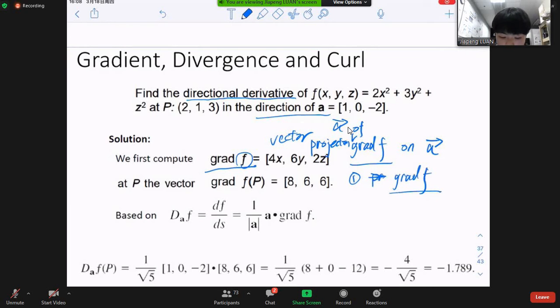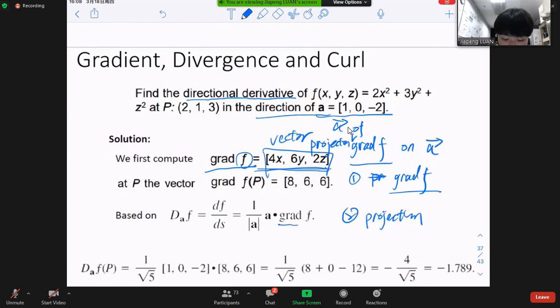Okay. So the first thing is to calculate the gradient, and you know the equation. You can calculate the gradient. This is this thing, and then in the direction of A, you just need to calculate the projection.